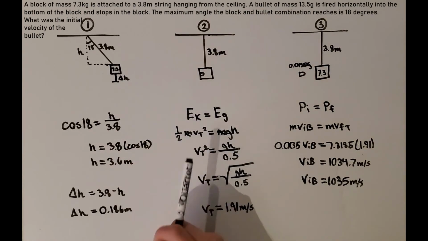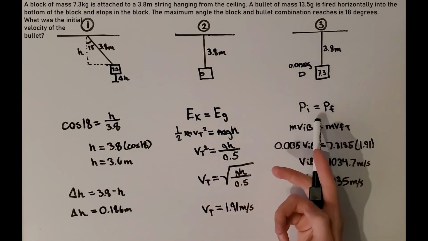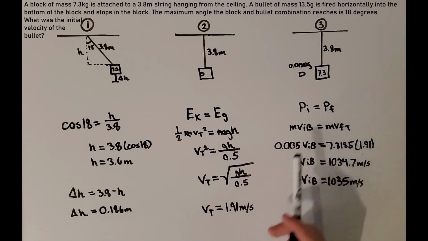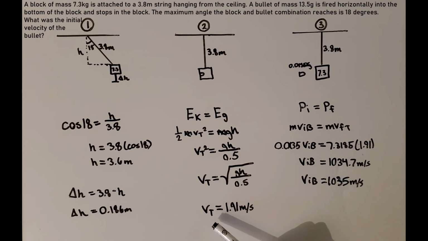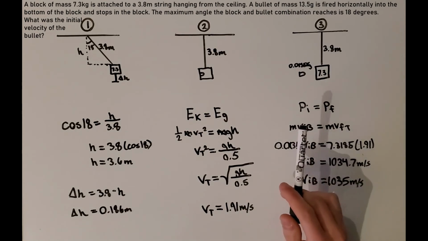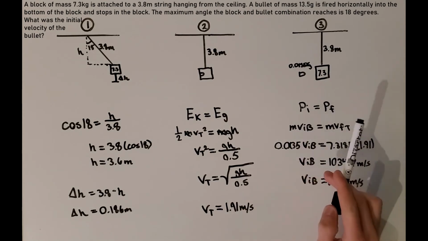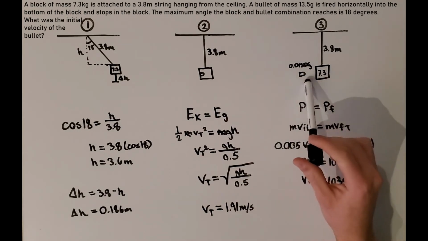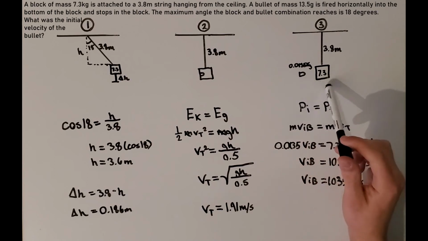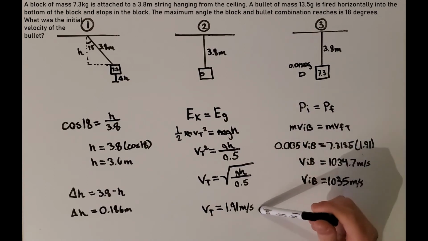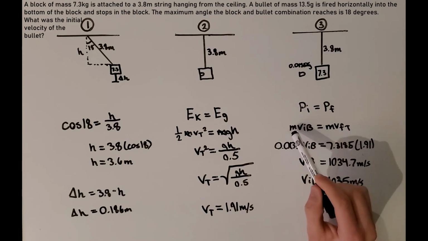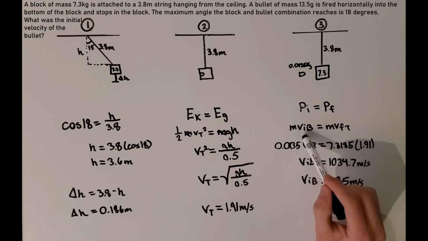Next, we need to use our momentum formula. Now, before we used our momentum formula, we just solved for the total velocity of the block as soon as the bullet is inside of the block. So the total velocity, once the bullet transfers all of its energy, we know what that speed is. So we take P initial equals P final, and we separate it into mass times velocity.